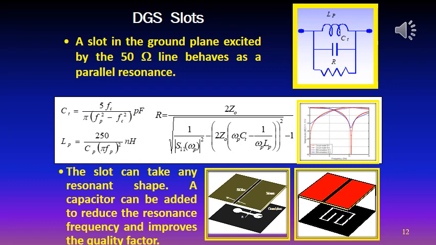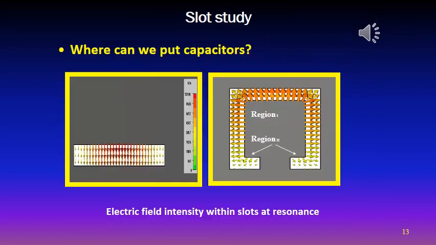A defected ground structure slot can take any resonant shape. To improve the quality factor of the resonator, a lumped capacitor can be added at the position of the maximum electric field.